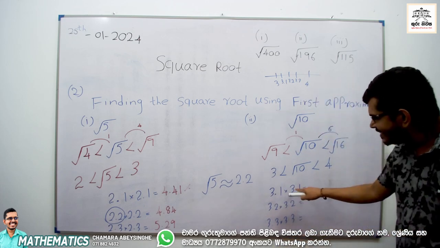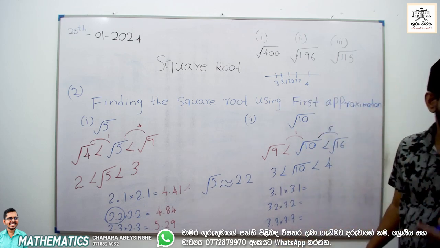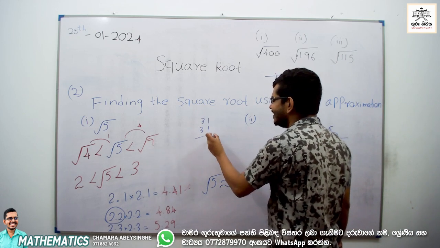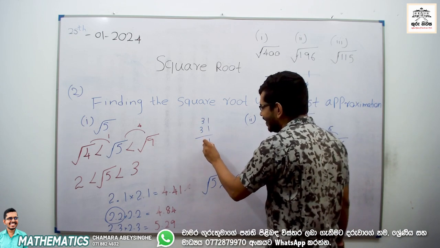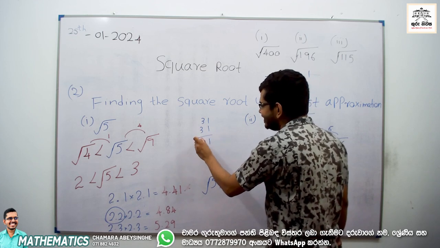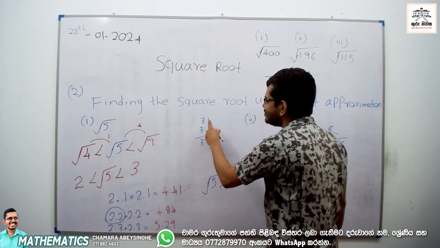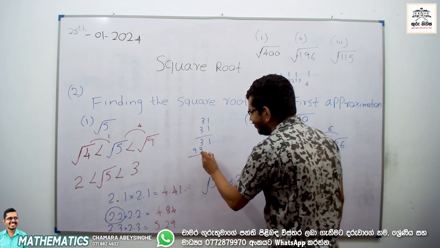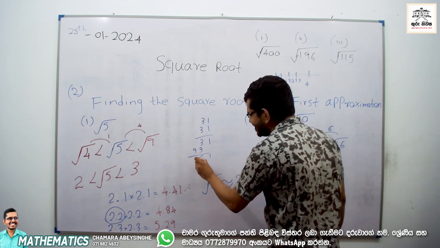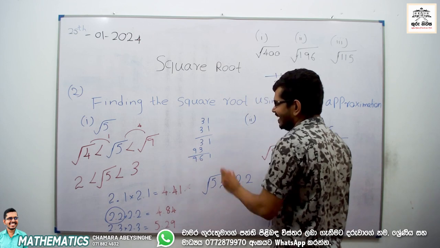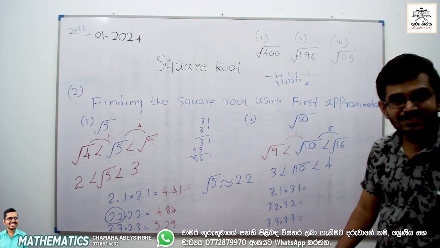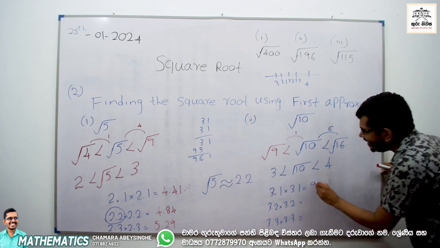Forget the decimal: 31 multiply 31. 1 times 1, 1. 1 times 3, 3. 3 times 1, 3. 3 times 3, 9. 3 plus 3, 6, and 9. Then put the decimal point past the last 2 digits: 9.61.